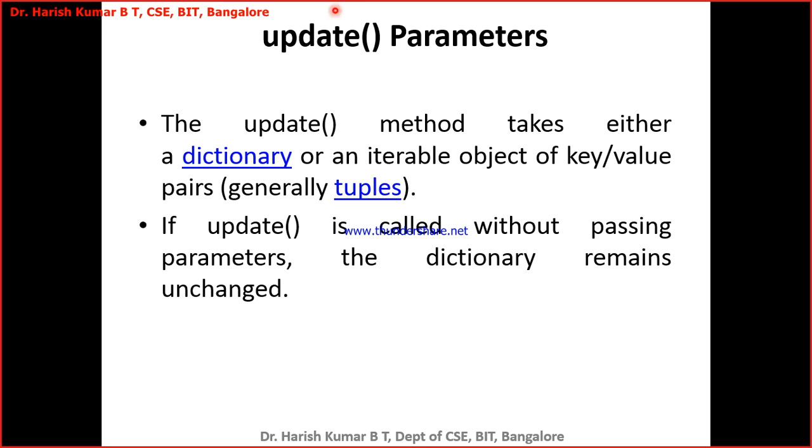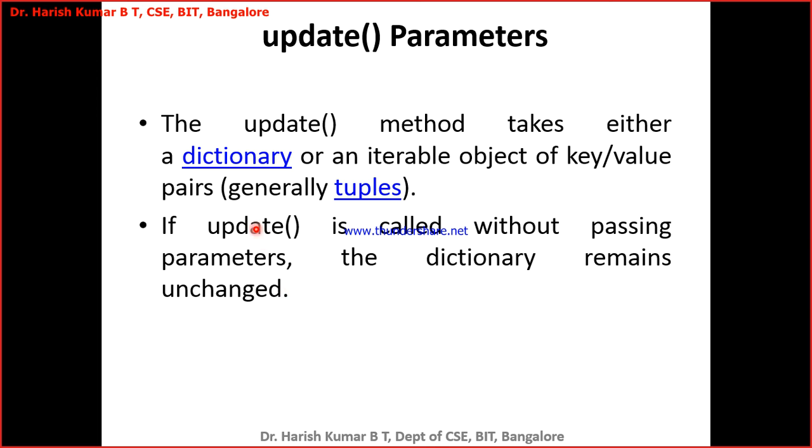Now update parameters. The update method takes either a dictionary or an iterable object, that is key value pairs. There is one more thing called tuples, and a tuple is also a key value pair. We'll be discussing that later. Now we'll focus only on the dictionary. If update is called without passing a parameter, the dictionary remains unchanged.